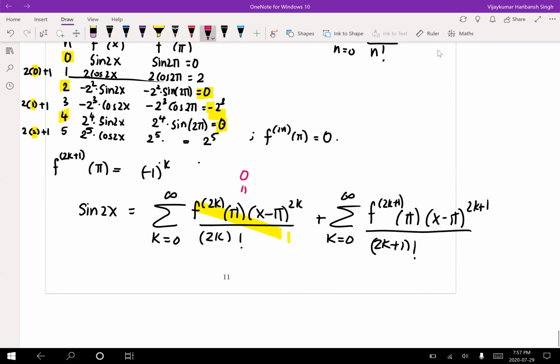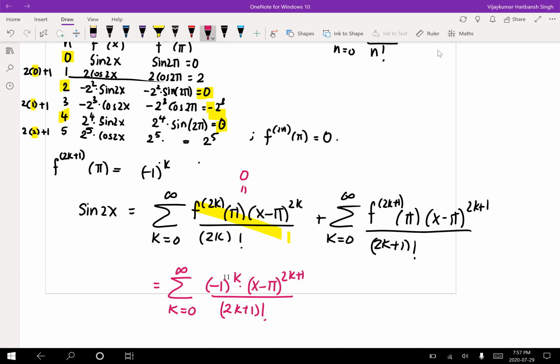We are left with the summation k equals 0 to infinity of minus 1 to the power k, x minus pi to the power 2k plus 1 divided by 2k plus 1 factorial.